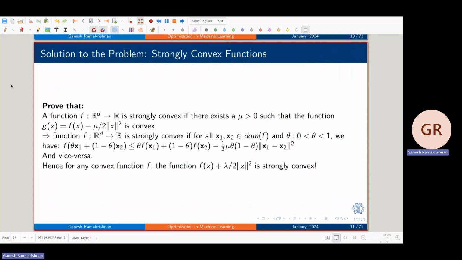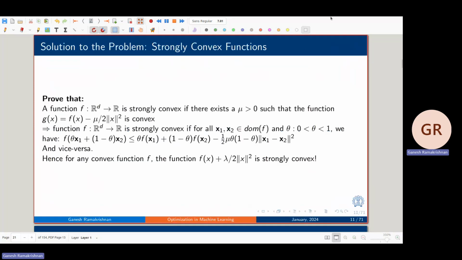I've basically shown that the function f is strongly convex if there exists a mu greater than 0 such that the function g of x equals f of x minus mu by 2 norm x squared is convex. I've shown how c should be the same as mu, but this is written slightly differently. I would like you to sit over it and convince yourself. All you have done is a lot of substitutions here.